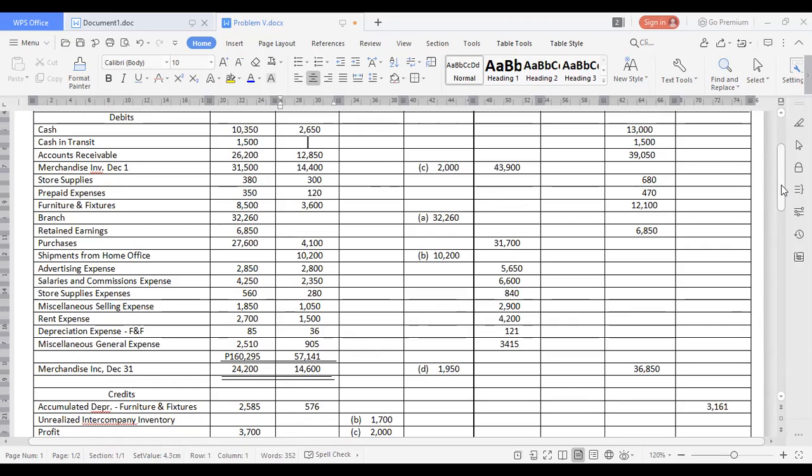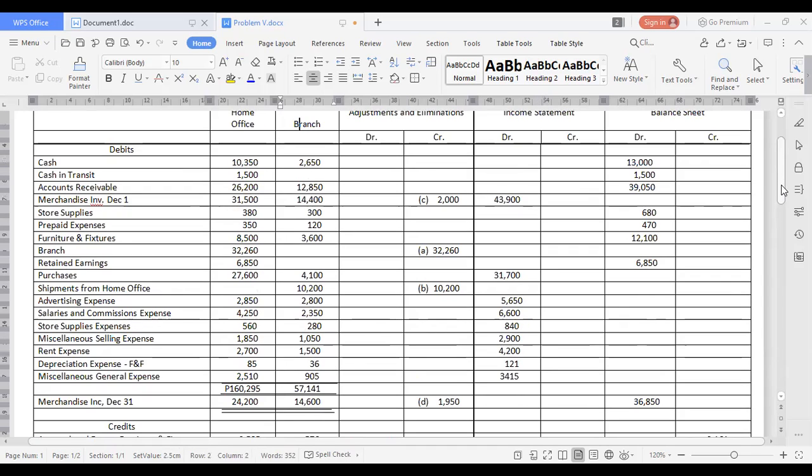Now we will go to our last 4 columns. We have the columns for the income statement and for the balance sheet. Assets, liabilities, and shareholders' equity go to the balance sheet, while income, cost, and expense accounts go to the income statement.